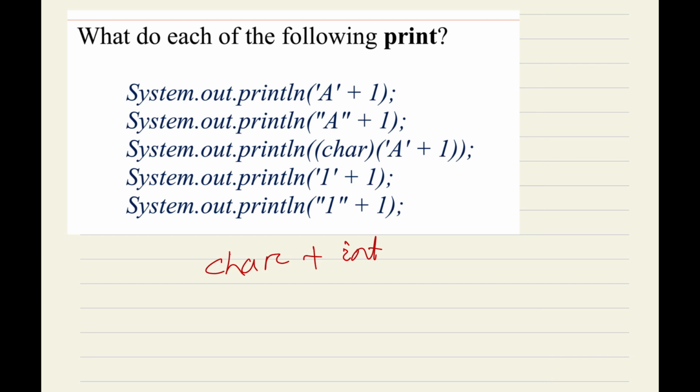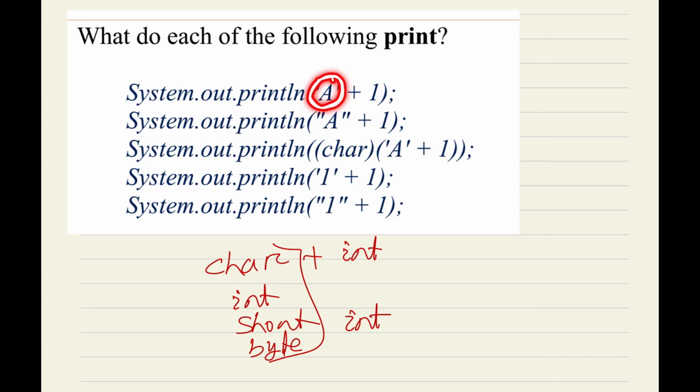We know that if we apply any arithmetic operation to the types char, int, short, byte, then the result will be of type int. So here the result is going to be int. For this character we have to find its equivalent integer value.